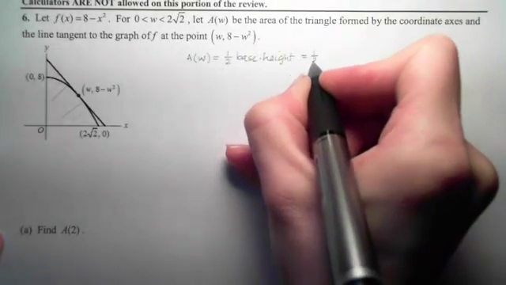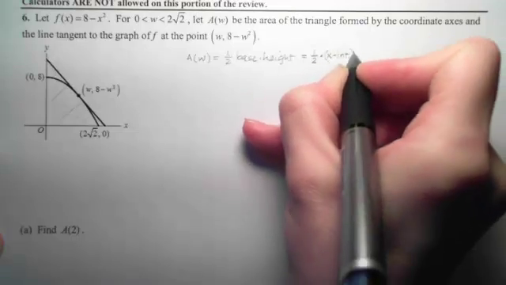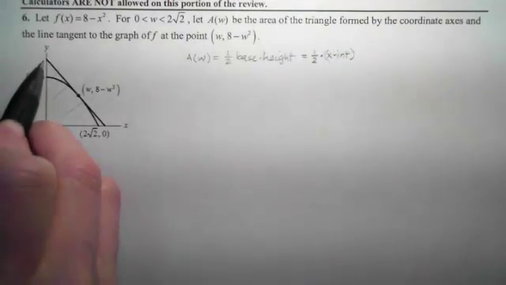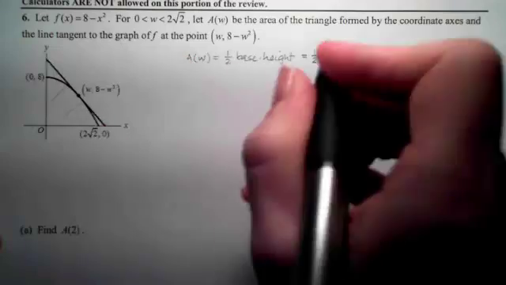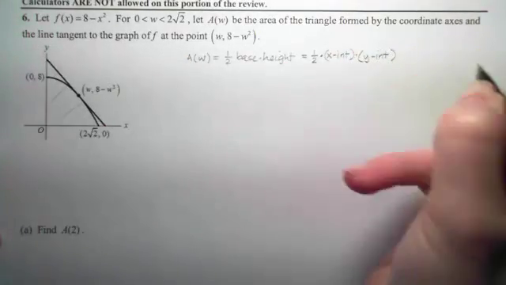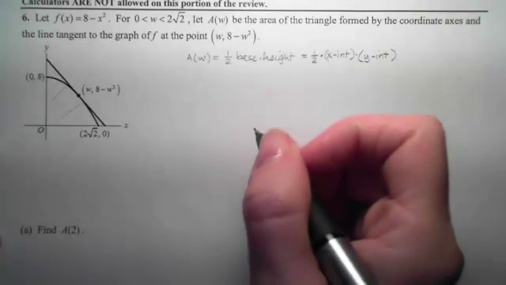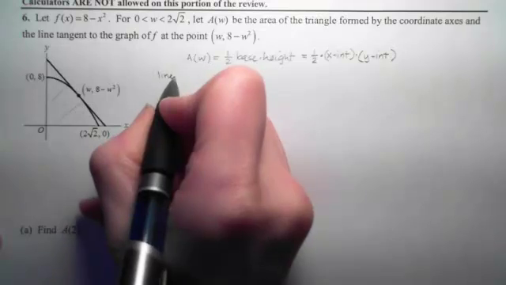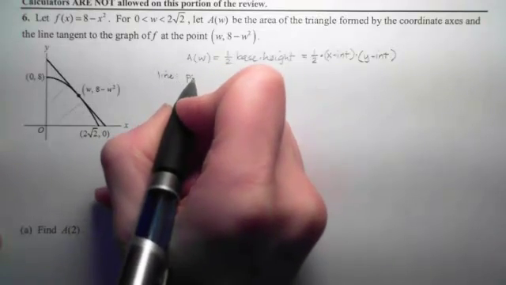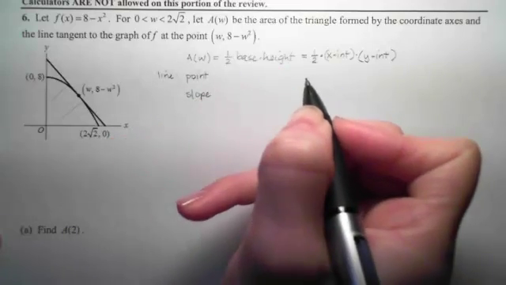So that means we'll be 1/2 times the x-intercept, and then the height of that triangle is the same as the y-intercept. So we're going to be able to find the x and the y-intercepts once we have the equation of the line. So in order to write the equation of the line, I'm going to need a point, and I'm going to need a slope evaluated at the point.